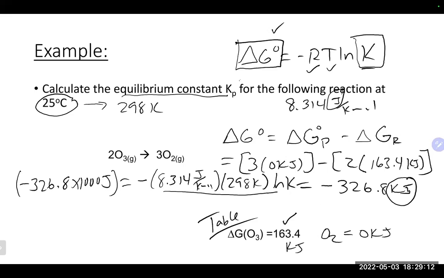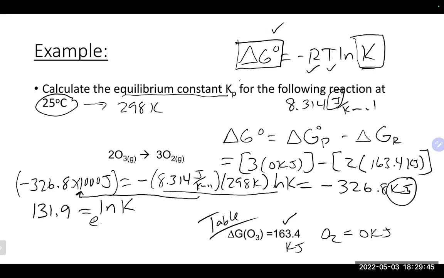I'm going to bring everything over to the other side, except for the natural log part. So we're going to divide by 8.314 and divide by 298, also remembering that our negative and negative will now turn this into a positive number, and that is going to equal the natural log of K. To get rid of the natural log, we need to take the E of both sides.